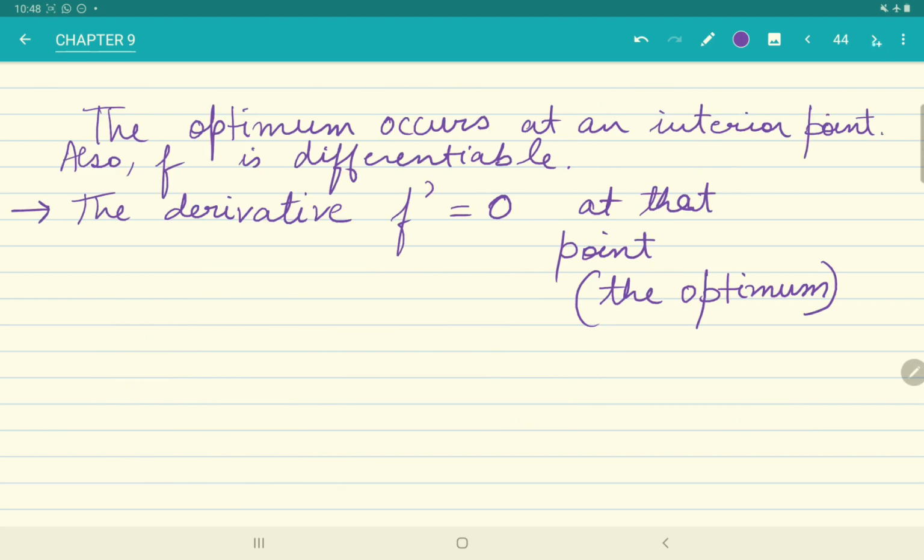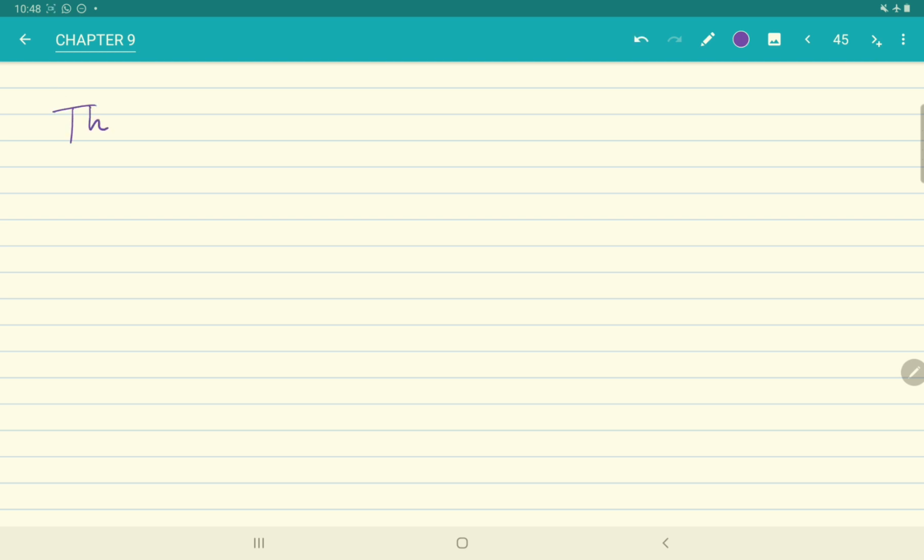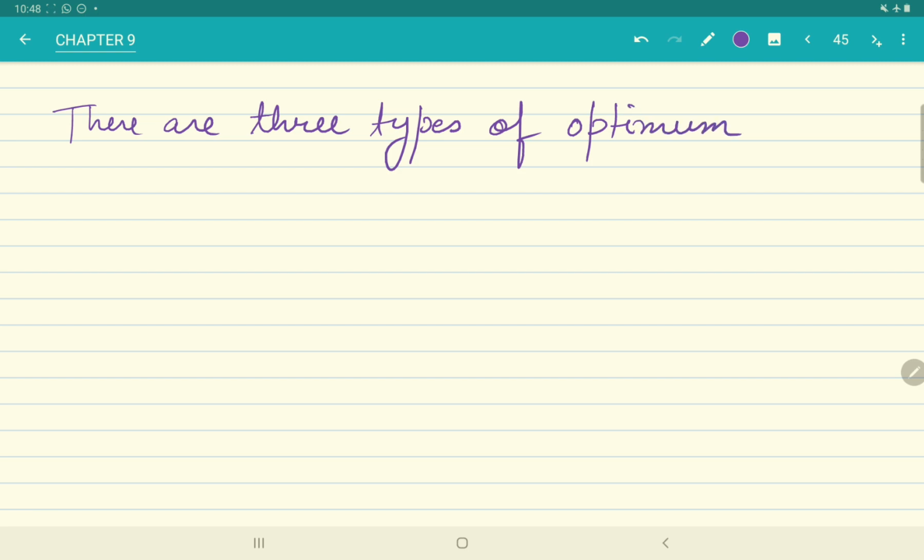So given all this, I can say that there are three types of optimum points, or three types of extreme points. What I mean is there are three types of maximum points or minimum points or extreme points.